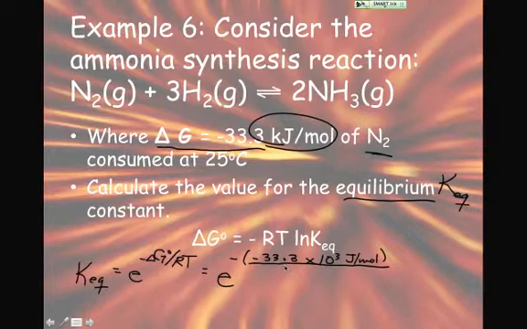And then we divide that by R, the gas constant, 8.314 joules per kelvin mole. And then temperature, T, is going to be 25 degrees Celsius. Do you remember what 25 degrees Celsius is in kelvins? Right, add 273, so we get 298 kelvins. Standard temperature, right? So the value of KEQ, let's put it in our calculator.